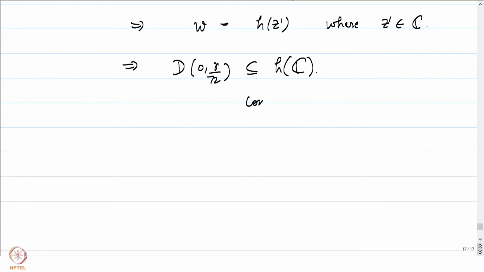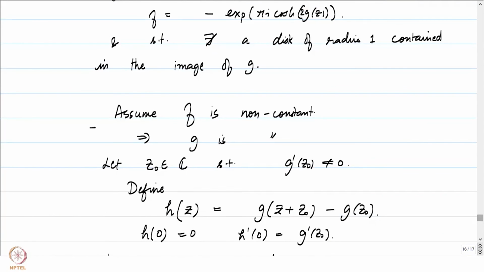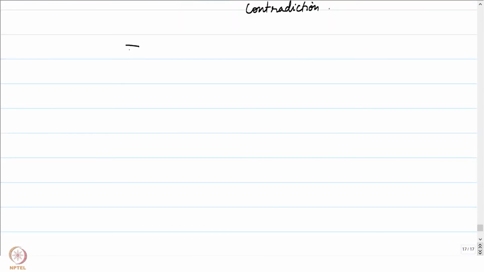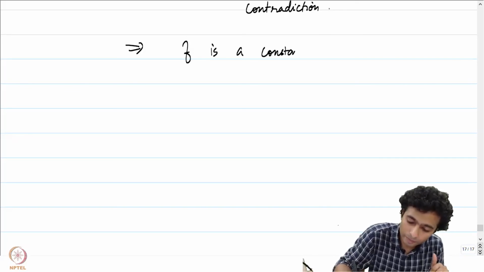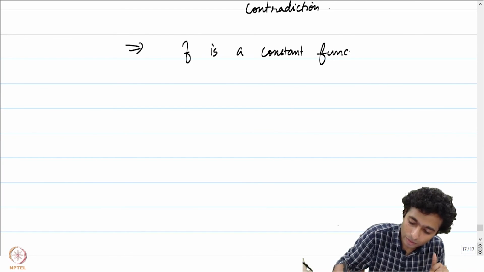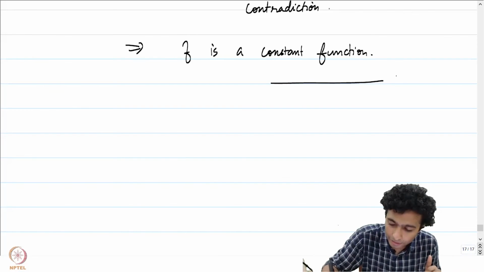So this is a contradiction to our assumptions, and therefore our assumption has to be false. The assumption that f is non-constant is false. This tells us that f is a constant function. And that completes the proof of the little Picard's theorem.